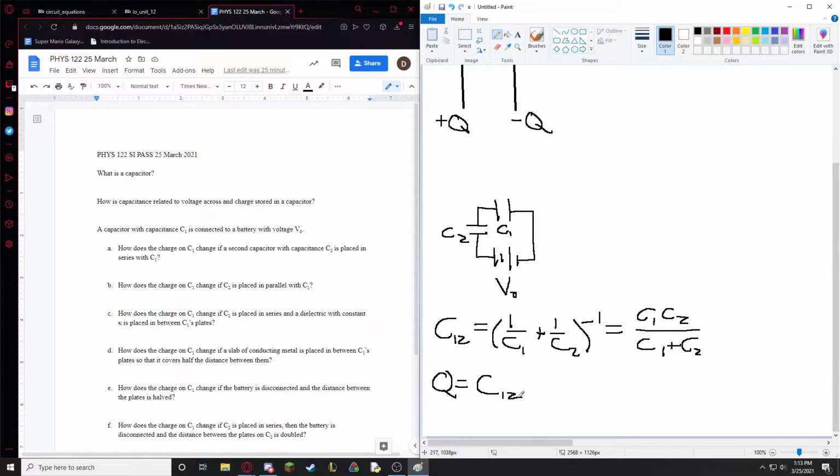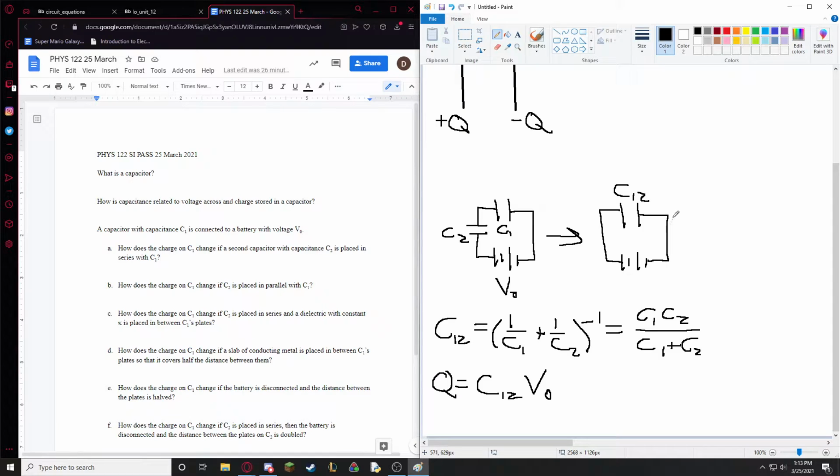And so to get the charge on each of them, we want to go ahead and find the total net capacitance of the entire series and multiply it by our voltage here, which in this case is just V naught. Does that make sense?